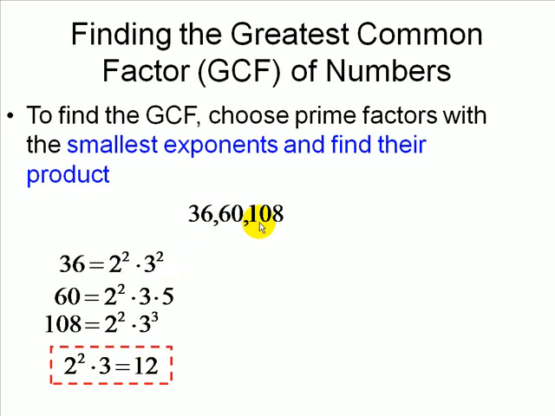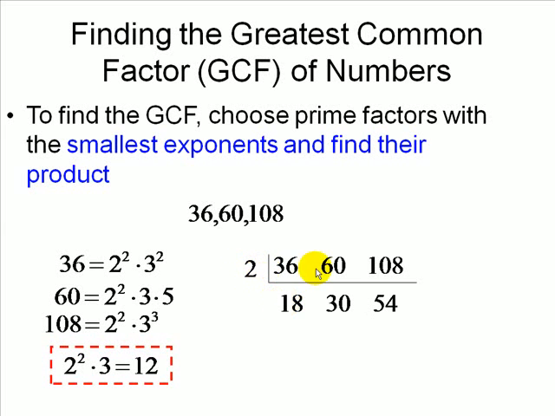Another way of doing this is as follows. We can take 36, 60, and 108 and divide by 2, since they're all even. So 36 divided by 2 is 18, 60 is 30, and 108 is 54. Again, these are even, so we can divide by 2. 18 divided by 2 is 9, 30 divided by 2 is 15, and 54 divided by 2 is 27.